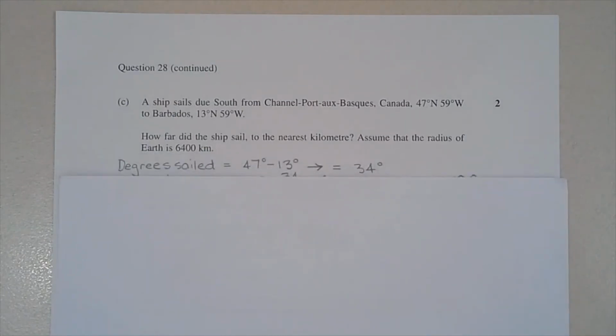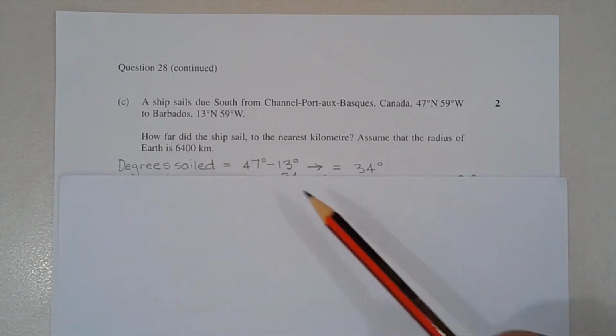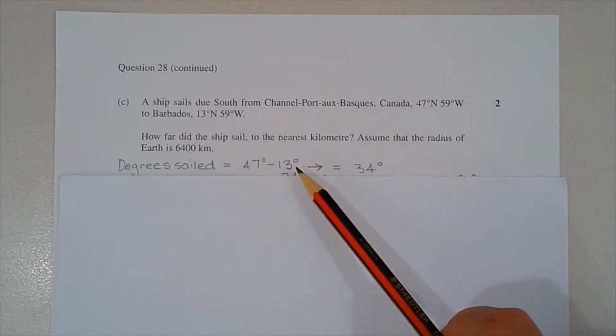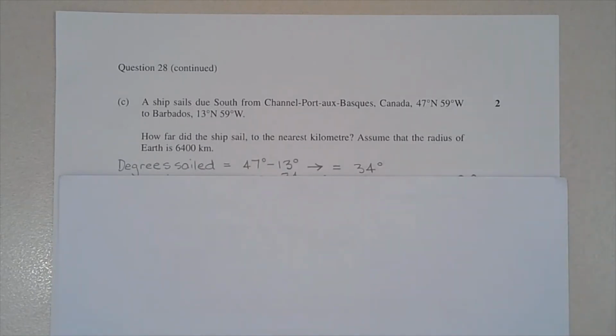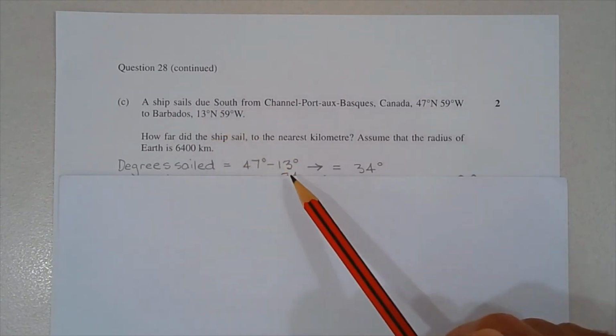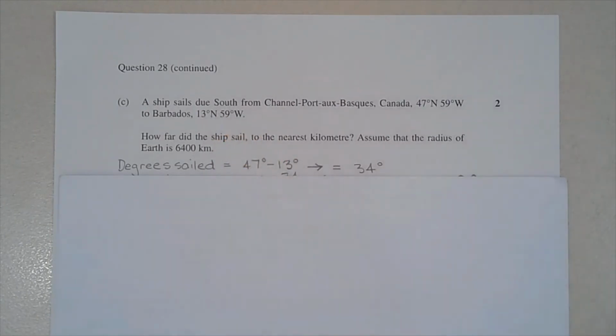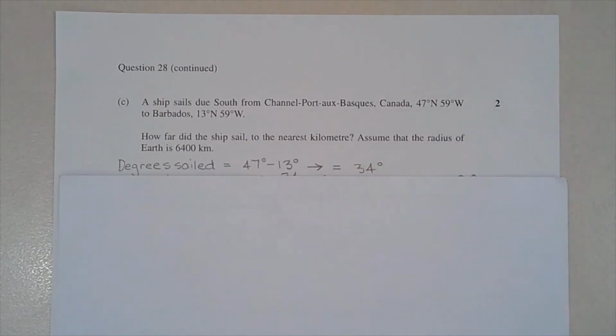So our first step is to determine the degrees sailed. So 47 degrees north minus 13 degrees north is equal to 34 degrees. Now, you just need to be careful that if this was 13 degrees south, this would need to be a plus sign. Now we need to convert this 34 degrees into a distance.